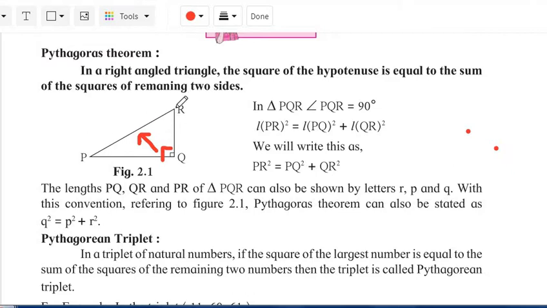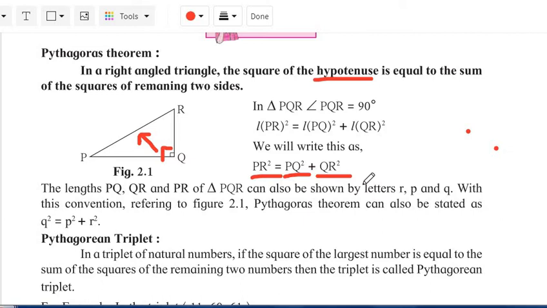This is a right angle triangle because one angle is 90 degrees, and the greater side of a right angle triangle is called hypotenuse. Remember the definition of hypotenuse. It is equal to the sum of the squares of the remaining two sides. That means PR square is equal to the remaining sides, QR square and PQ square. That means PR square is equal to PQ square plus QR square.